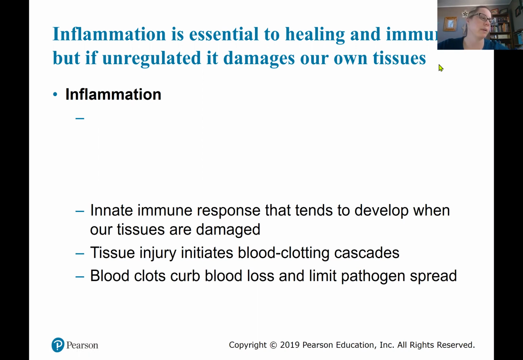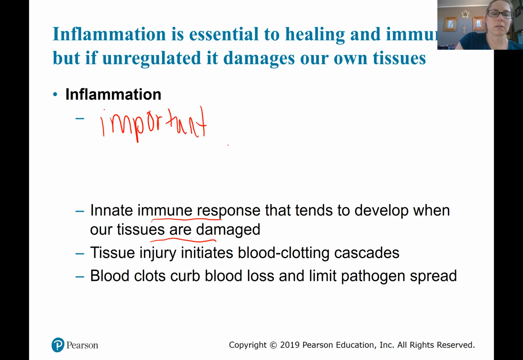Okay, so I've talked a lot about inflammation so far, and so now we'll finally get to define what inflammation is. Basically, inflammation is an innate immune response that develops when tissues are damaged, and it is an important part of the innate defenses.